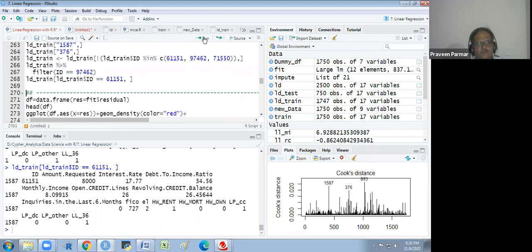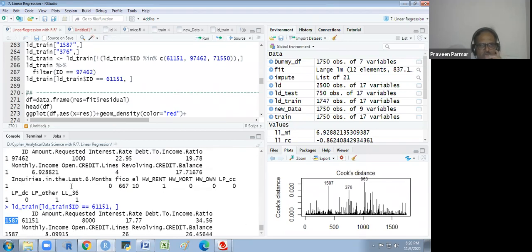Let me see. Okay. It is not giving me the actual indexing of that. I want this actual indexing, which number is it? This we are getting through that also.